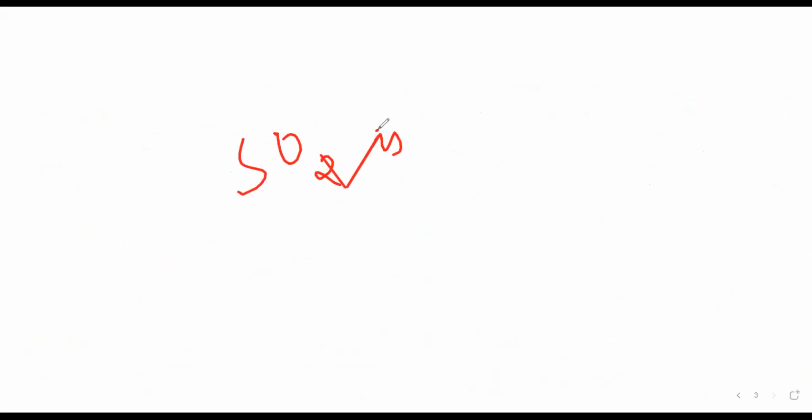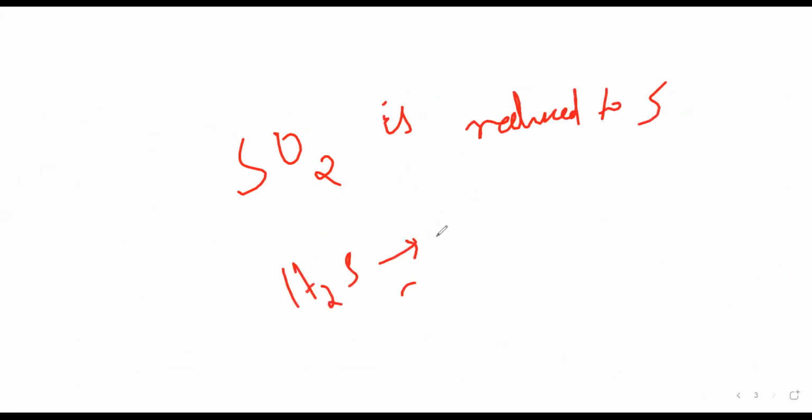SO2 is reduced to sulfur. Correct. Next one is what? H2S, that is oxidized to sulfur. Correct? So what kind of reaction is this? This should be a redox reaction.